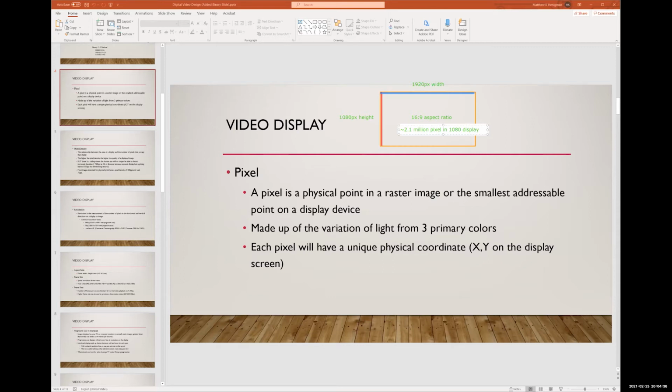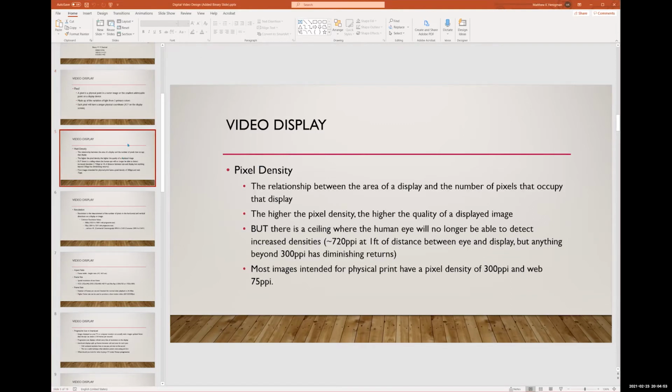All right, so important, let's just get that out of the way so that you guys know what I'm talking about for the most part. Okay. All right, now the density becomes dependent upon the actual physical size of the display and how those 2 million pixels, we'll stick with 1080 for now.